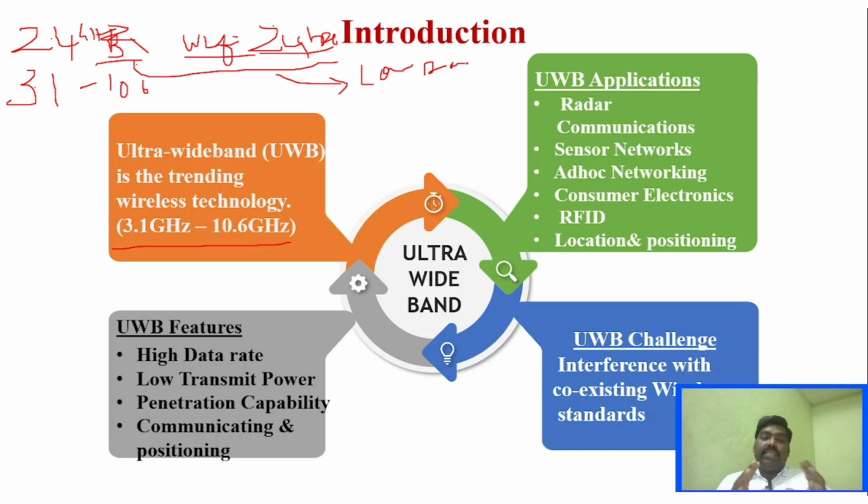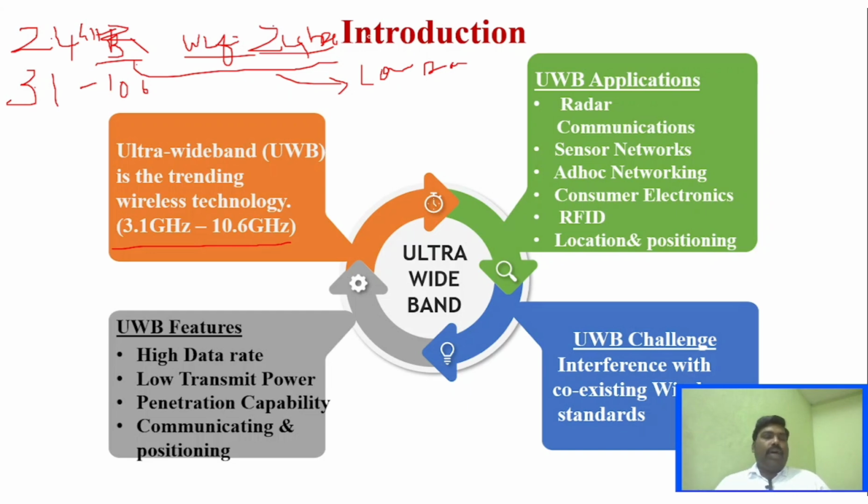And apart from these important advantages like wide bandwidth and low power consumption, it also has a lot of important characteristics. It overcomes the drawbacks of narrowband communication. We have a lot of disadvantages in narrowband communication. All those drawbacks are overcome by this particular technology, UWB. We will see them one by one.